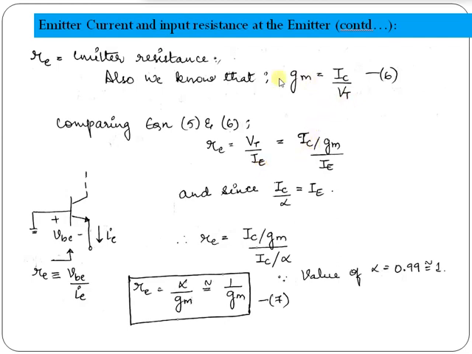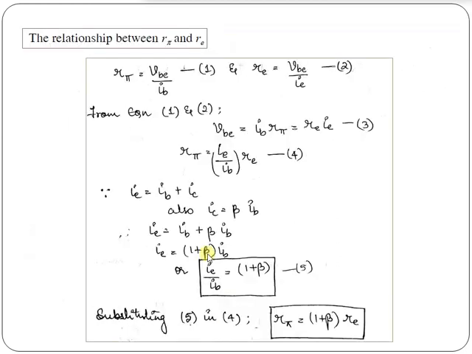So rearranging, we get IC by gm to be equal to VT, and since IC by alpha is equal to IE, we can rewrite this equation as re equal to alpha by gm. The value of alpha, as we know, is approximately equal to 1, which is 0.9998, close to 1.